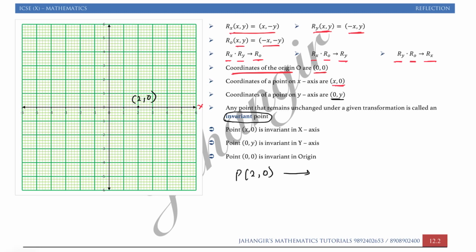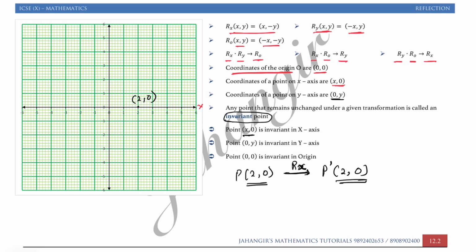When you are reflecting in x-axis, what is the rule? The y coordinate's sign will change, so it will become 2 comma 0. I cannot write minus 0, it will remain the same. So when a point under a certain reflection remains the same, it is called an invariant point.